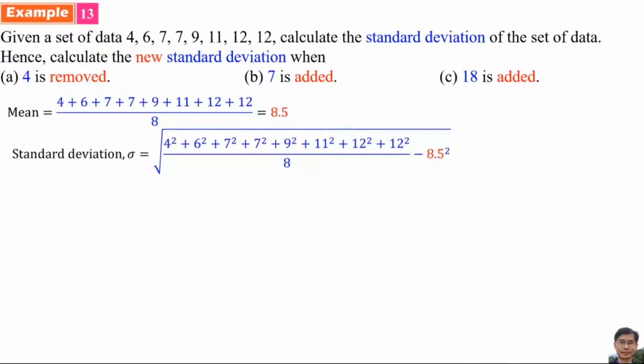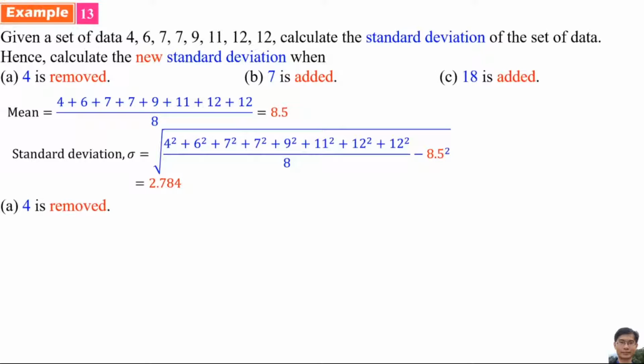Standard deviation of the data equals the square root of variance. So the variance equals the sum of the squares of all the data, divided by the total number of data, minus the mean squared. The square root of variance gives the standard deviation, which equals 2.784.